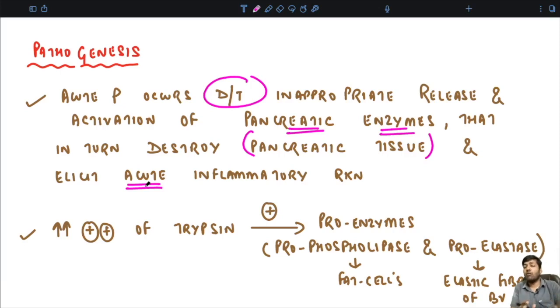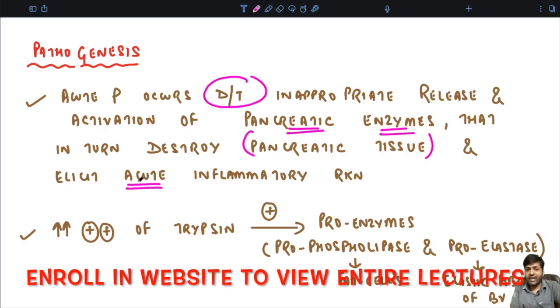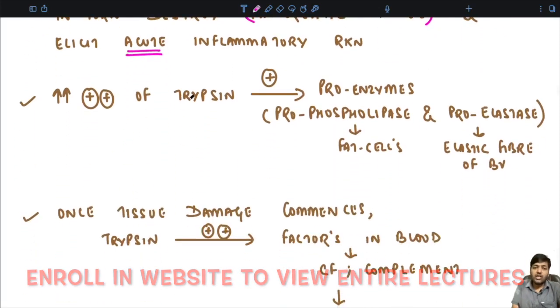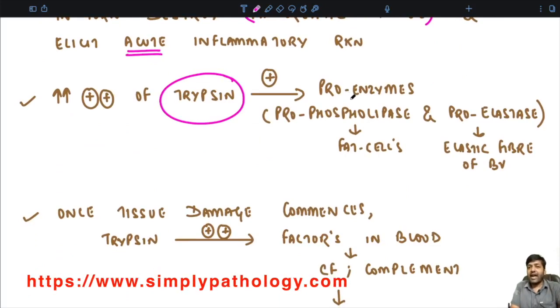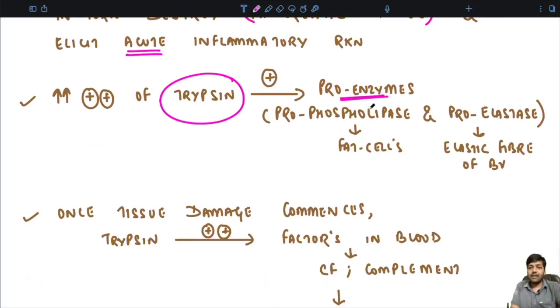We know that in the normal condition, the trypsin is kept in the inhibited form with the help of trypsin inhibitors released by the acinar cells as well as the ductal cells that we have already read about. Basically, excessive stimulation and activation of the trypsin is going to convert the proenzymes and make them active.